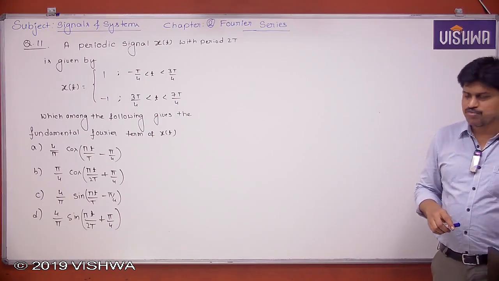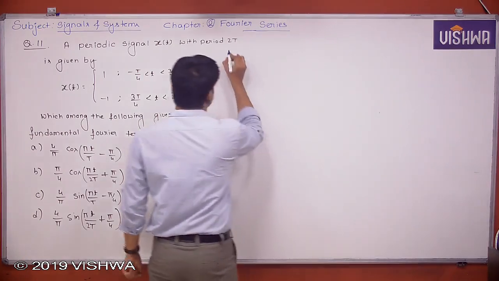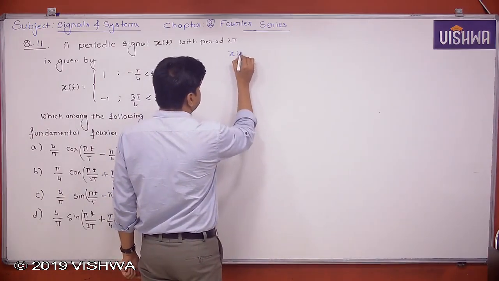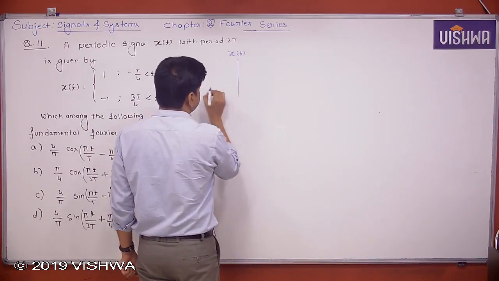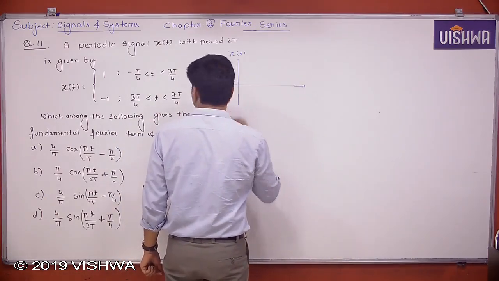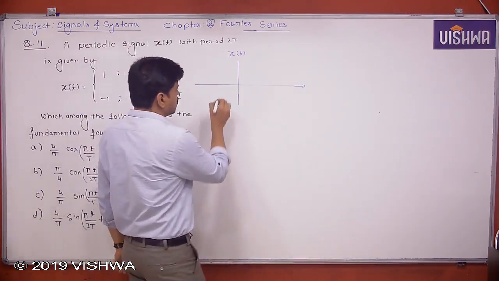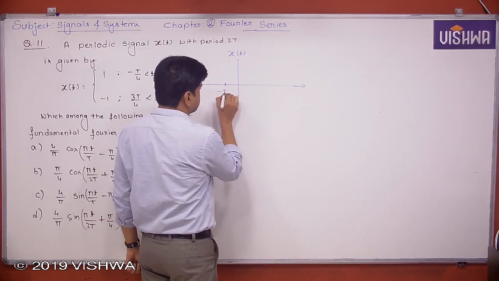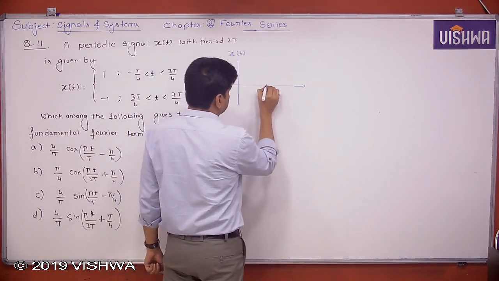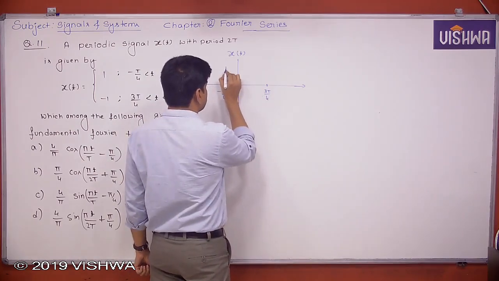Okay. First, try to draw x of t so that you can get insight. Between minus T by 4 and 3T by 4, its value is equal to 1.